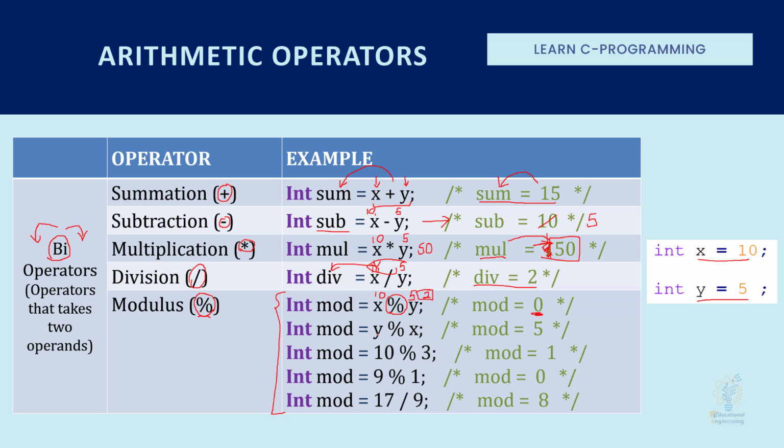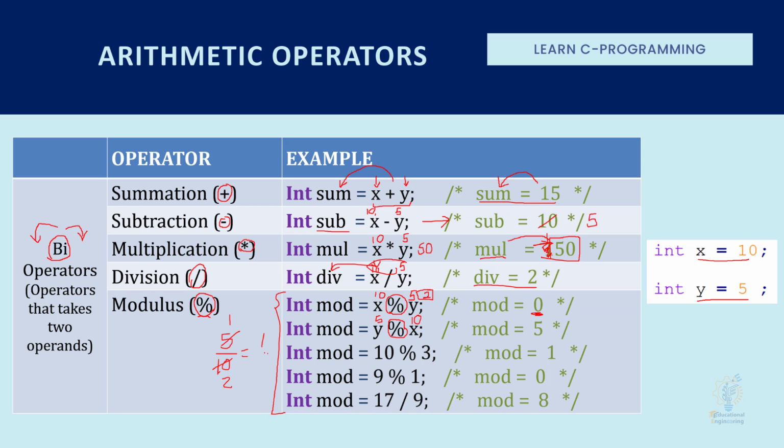Now, if y is divided by x, now this is a remainder sign. Again, you need to do it first as a division, then you take the remainder of that division as the result of the mod. So y divided by x, y here is 5, divided by x, which is 10. Now, when we divide 5 by 10, this is called a division. So 5 by 10 here, 5, 1, 5, 2.